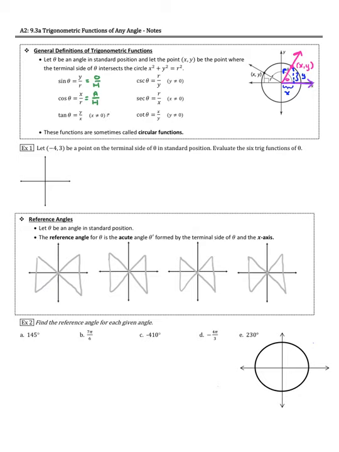Tangent, which used to be opposite over adjacent, and still is in just a regular right triangle, but on the coordinate plane, now the opposite is the y value, the adjacent is the x.